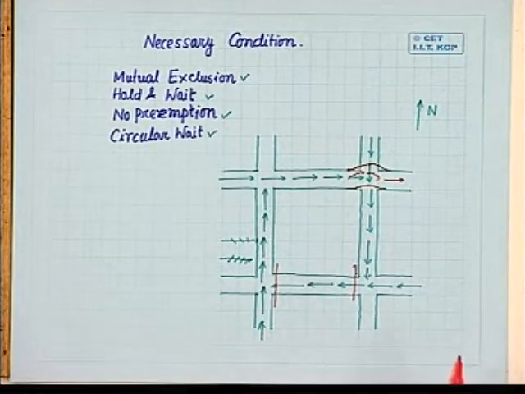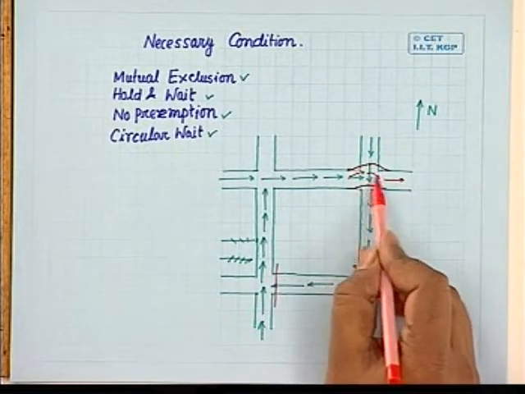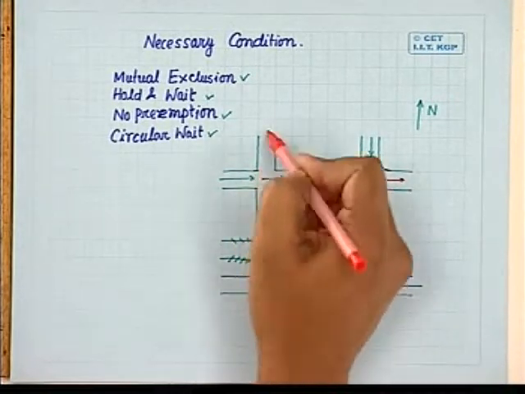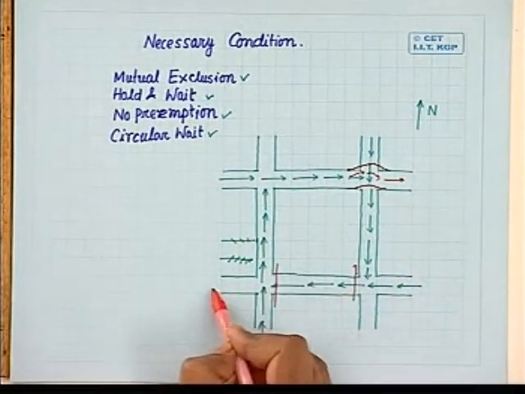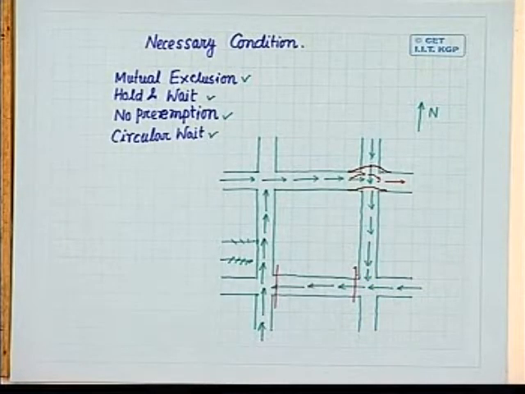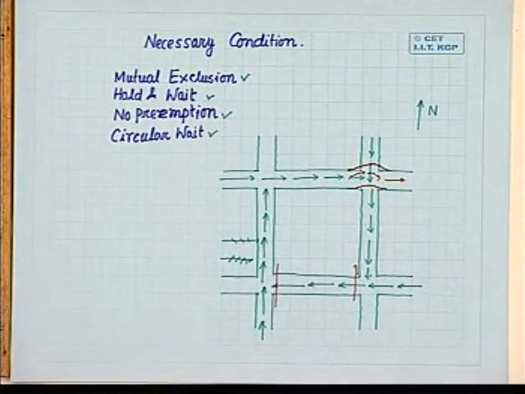That is, you are preempting the resource from the traffic which is holding it. Okay. And if I do that, a junction becomes free, then all this traffic can move, this will become free, all of them can move, this will become free, all of them can move. Okay. So by removing this no preemption condition, again I can break the deadlock.